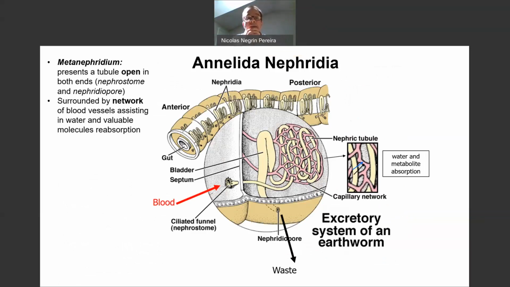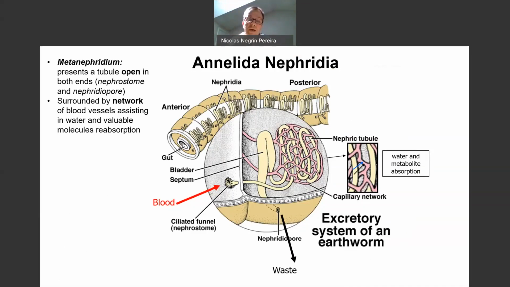In the case of Annelida, then we have the appearance of a nephridium, which is normally formed by a nephridiopore and a nephrostome, which is an opening in one of the segments of the animal. It represents a ciliated funnel where the body fluids will get in, and then they will travel again through a net of tubule, a convoluted tubule, which is called nephric tubule.